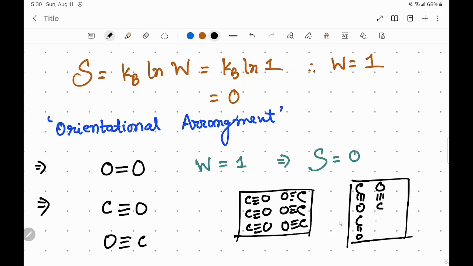So this is not a new arrangement. It is the same arrangement. Along with that, in the first case, if carbon is up and oxygen is down in the first box, along with the left-right.